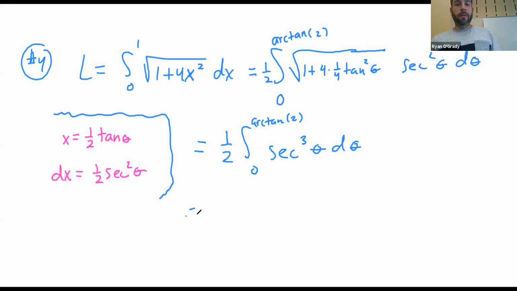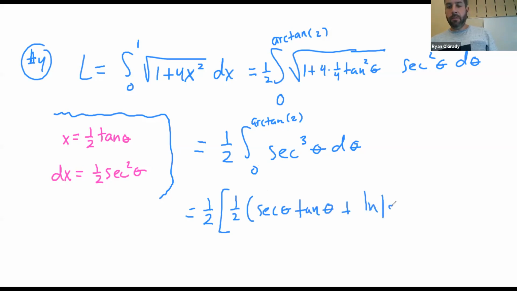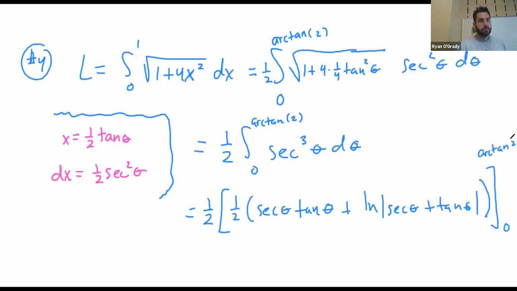I don't. And so I'm just going to use part 3 to tell me what it is. So it's 1/2, and then also 1/2 of secant theta tan theta plus the natural log of the absolute value of secant theta plus tan theta. What a beast. And then I have to evaluate this from 0 to the arctan of 2. What a beast.